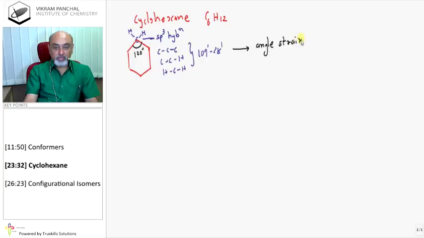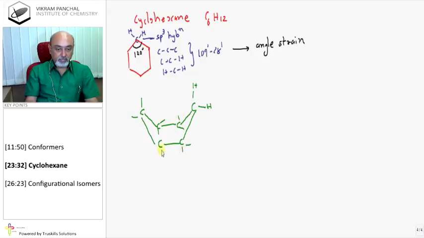And due to angle strain, the arrangement of cyclohexane is changed. We can have a new arrangement of cyclohexane which looks like this. With each carbon there will be 2 hydrogens, and you can arrange them like this. This is known as the boat form of cyclohexane.